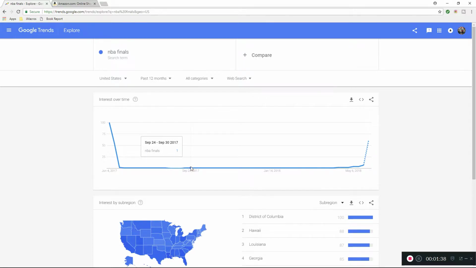Then, of course, after the finals are completed, the popularity wanes. And yet again, it has picked up from May now through June, and it's continuing to gain popularity as a keyword since the NBA Finals are going on right now.